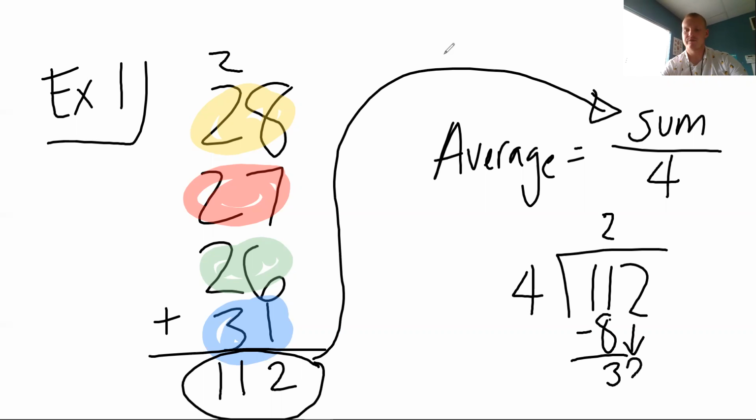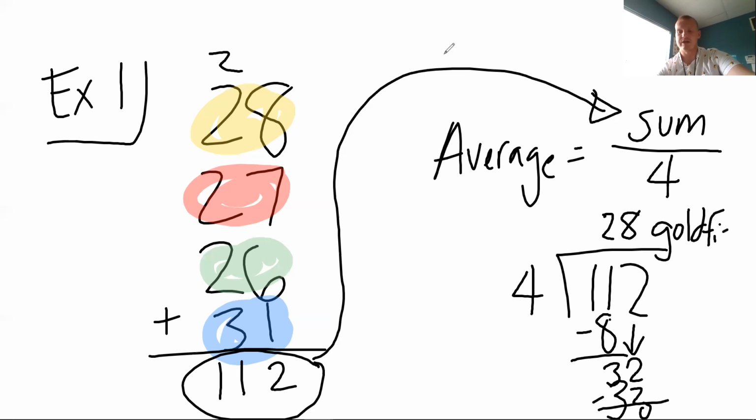Bring down my 2. 4 goes into 32 how many times, Talon? 8 times. 4 times 8 is 32, so I have a remainder of 0. So there's an average of 28 goldfish per tank. Okay? So that's how we do average.